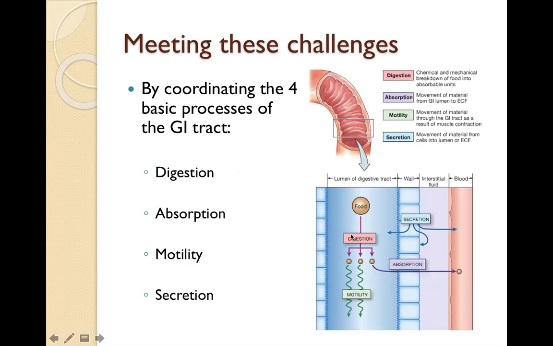We coordinate digestion, absorption. We coordinate what we secrete into our GI system, the tube of the GI tract or the lumen. And we coordinate the movement of these substances throughout our GI tract. By coordinating these 4 processes, we can meet some of those challenges.